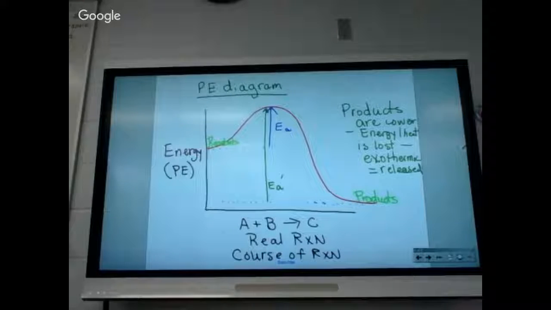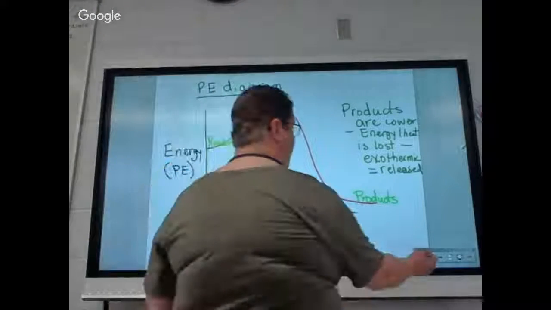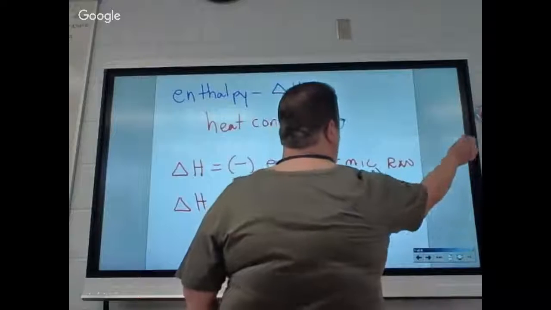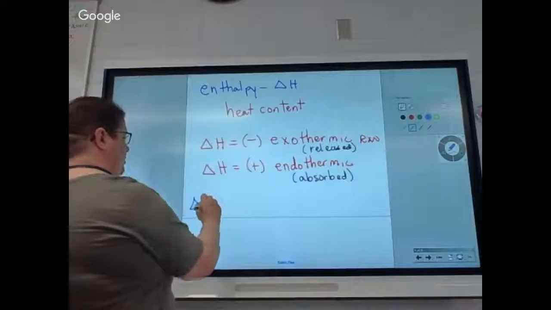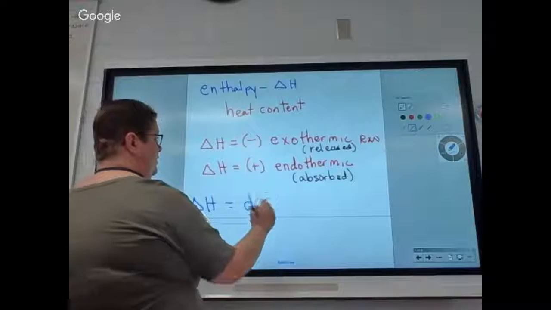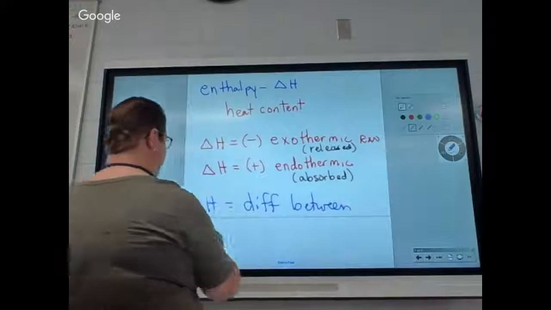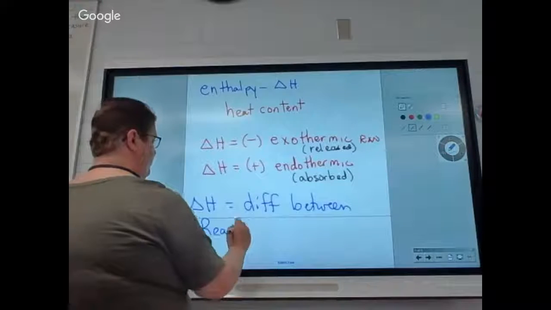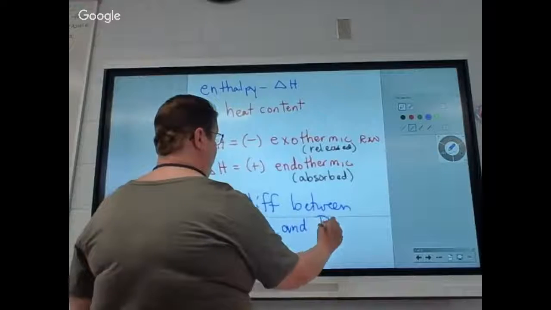They're never going to be the same, which is why I said you wouldn't get 0. Okay? They're not going to be equal. Now, how are we going to find delta H on the graph? I want to label how we find this. Delta H is the difference between the reactants and the products.